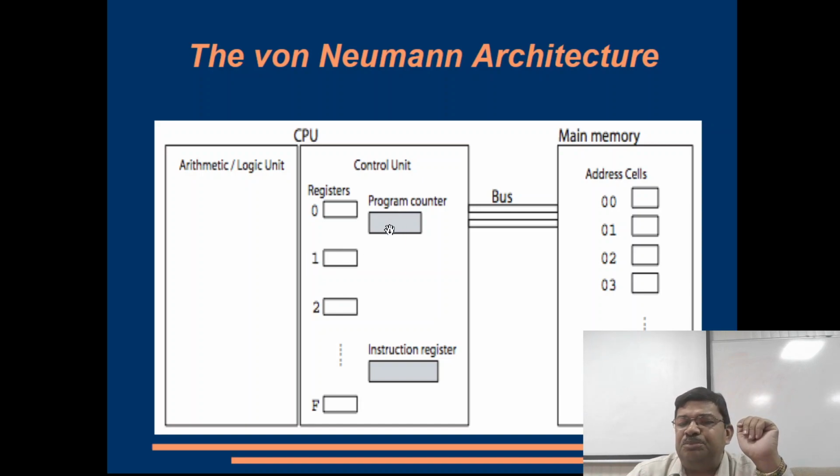Then there is a program counter which increments and keeps track of which instruction has been executed and when to move to the next instruction. And then there is the instruction register which contains exactly what instruction is to be passed on to this arithmetic and logic unit, right?